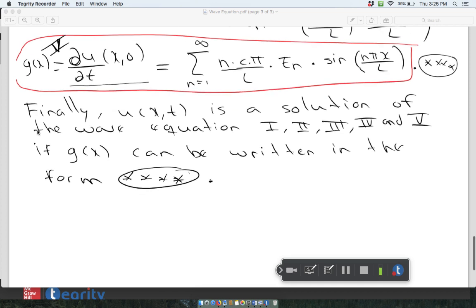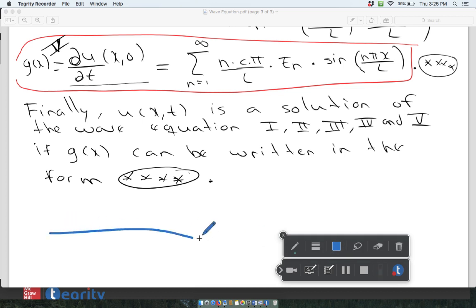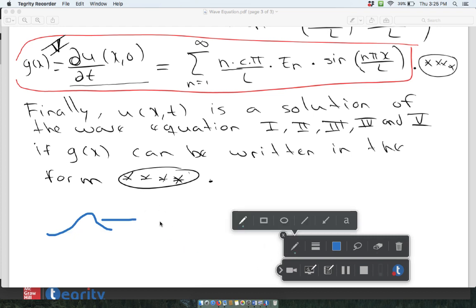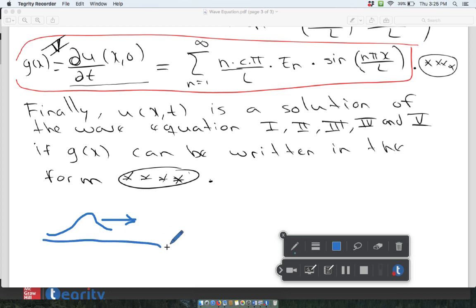On the whole real line, if g of x is 0, we will have a traveling wave, going in that direction, like a water wave.